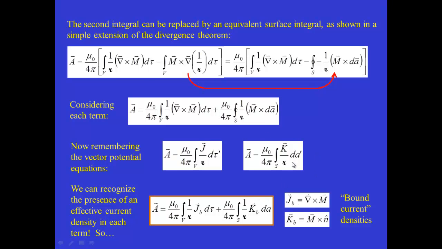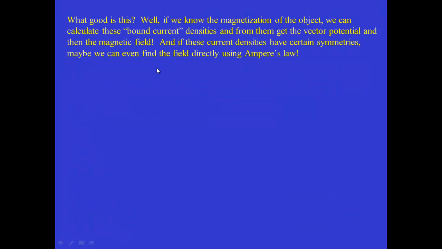Now, what good is this? How can this be useful to us if we're trying to find the field of a magnetized object? Well, here's how it goes. If we know the magnetization of the object, let's say someone tells us they've taken an object, subjected it to an external field, and the object now is magnetized. If we know that magnetization, we can calculate these bound current densities, because J_b and K_b both depend on M. From these bound current densities, we can get the vector potential, and from the vector potential, we know that B is just the curl of A. So in principle, from the magnetization, we can find the magnetic field in the vicinity around the object.